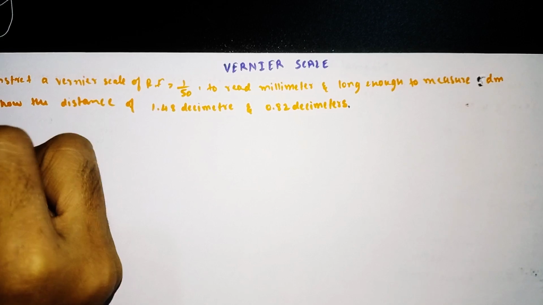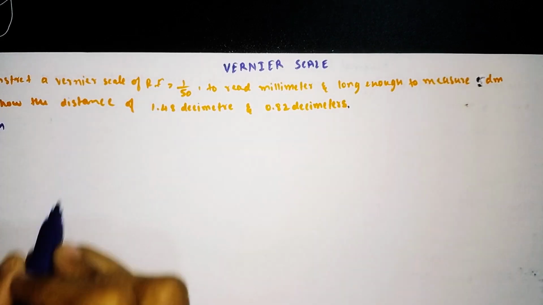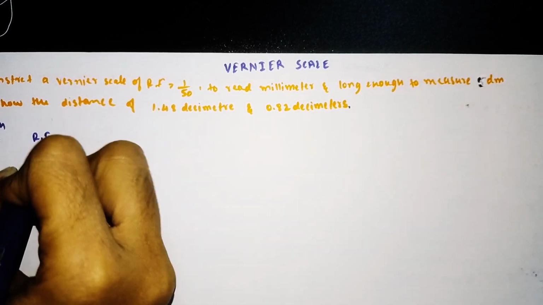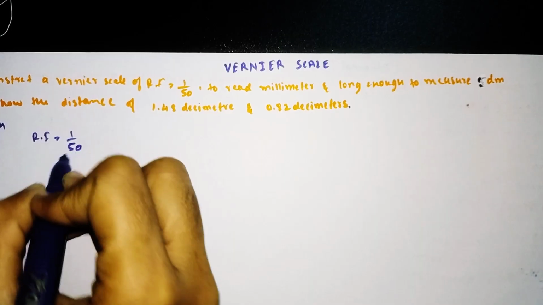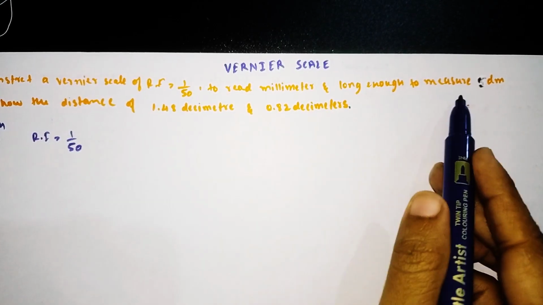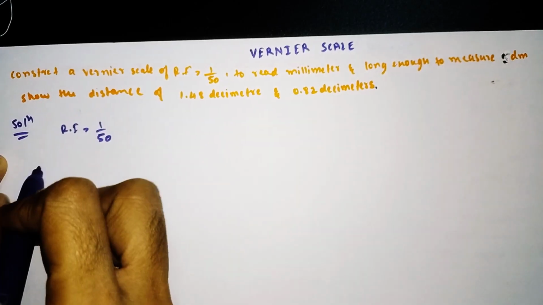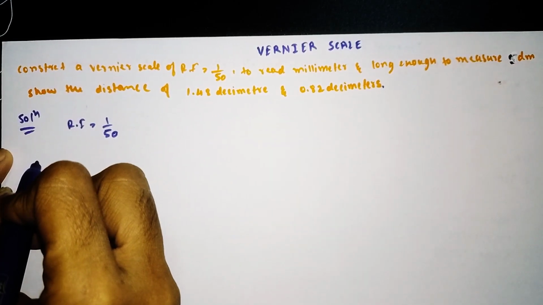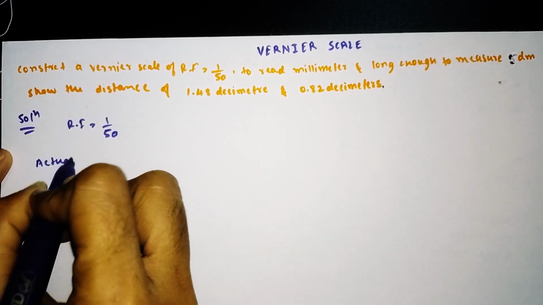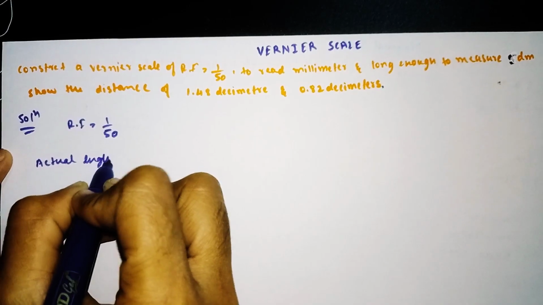So solution. First we have to write the given data. RF they gave 1 divided by 50 and they gave the length of the scale is 5 decimeter. So 5 decimeter is nothing but our actual length of scale.